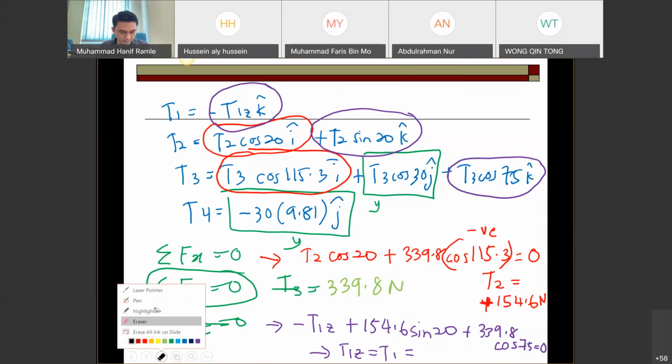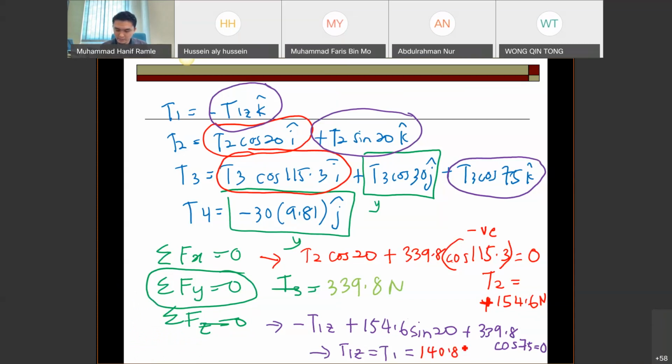Okay, let me check again the answer for the T1. And this one is 140.8. Yeah, the answer is similar to what is shown in the slide.